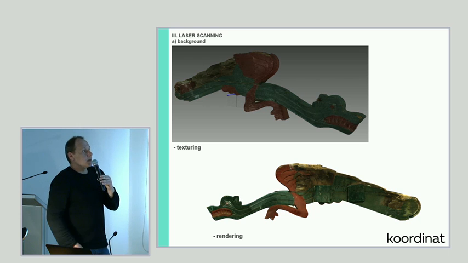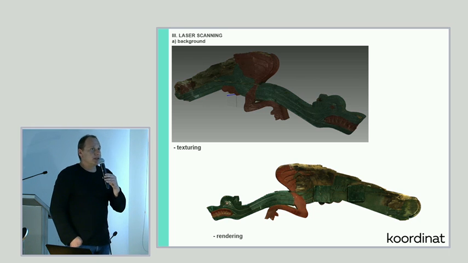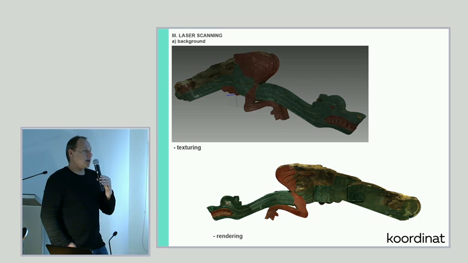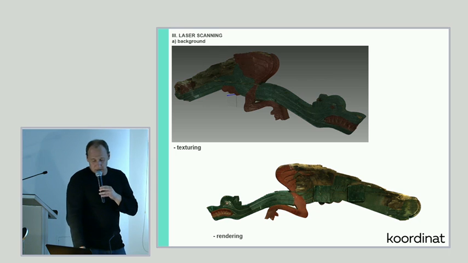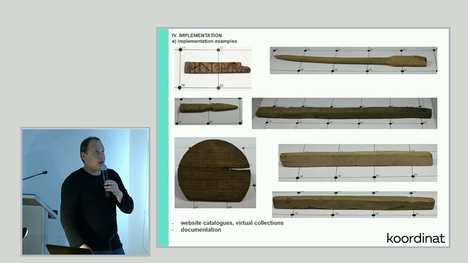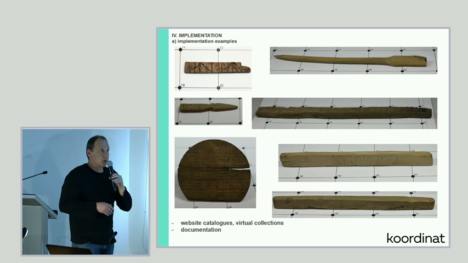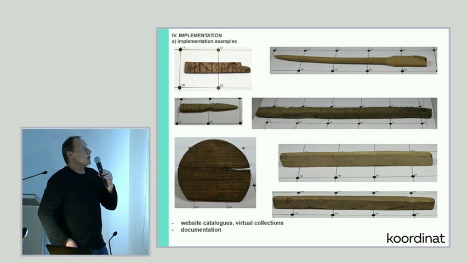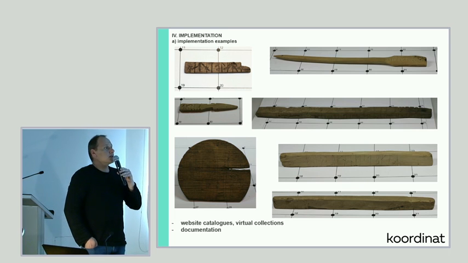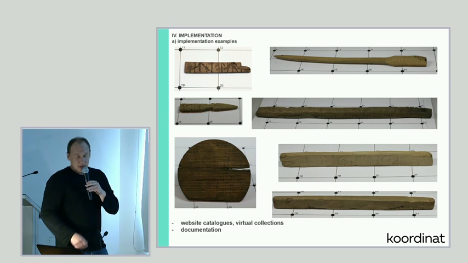And again, when we have a fused 3D surface, we can just texturize it and render the way we need. And let's follow quickly through some projects here. And we have the Runepiner, the rune sticks from the excavations in Bergen in the 50s.